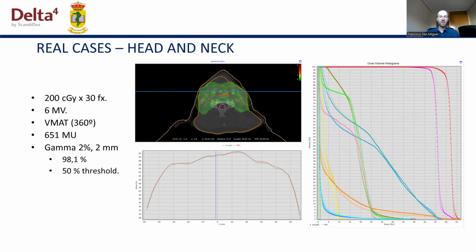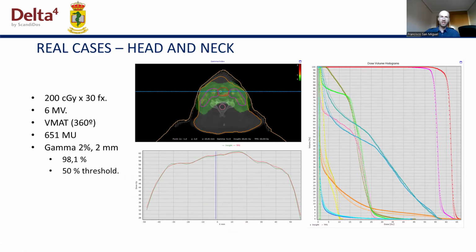The next patient analyzed was a head and neck case consisting of 60 gray delivered in 30 fractions. The plan was created using two 360-degree VMAT arcs with a total of 651 monitor units.